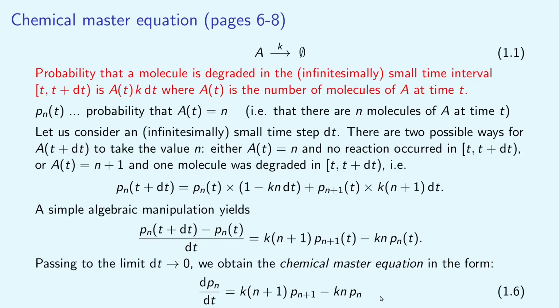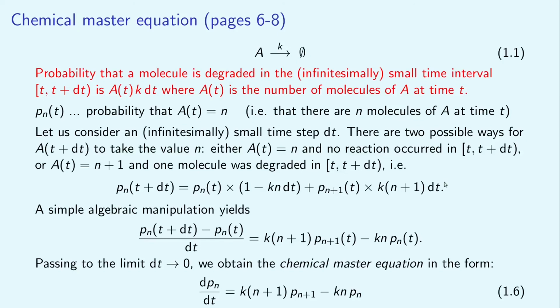To derive the chemical master equation, we use this equation, where we consider that the time step dt is chosen so small that the probability that two molecules are degraded during the time interval t to t plus dt is negligible compared to the probability that only one molecule is degraded during this time interval. In fact, the probability that two reactions happen during one time step is proportional to dt squared.